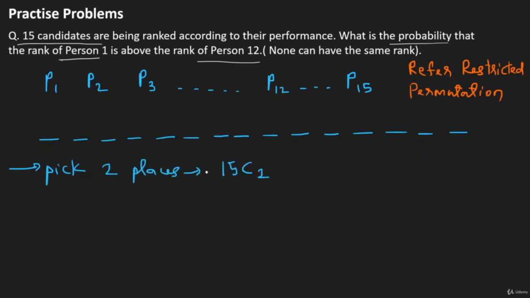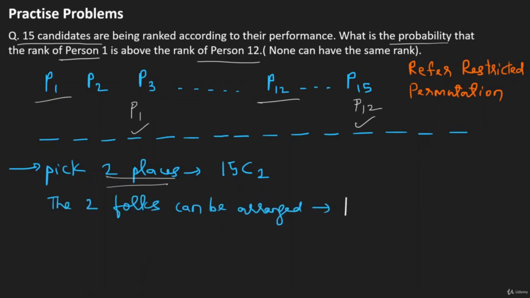Once I have picked these 2 places for person 1 and person 12, there is only one arrangement possible, because person 1 has to be above person 12. Therefore, I have to put person 1 over here and person 12 over here. There is no other way, right? So among these 2 places, there is only one arrangement possible.